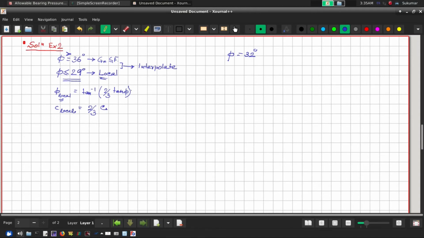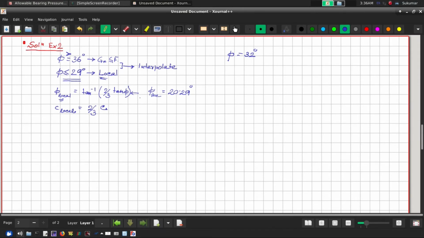Therefore now if I put phi equal to 29 degree here in this equation, then I get phi local as 20.29 degree, and in our case there is no cohesion, so local C doesn't come into picture.